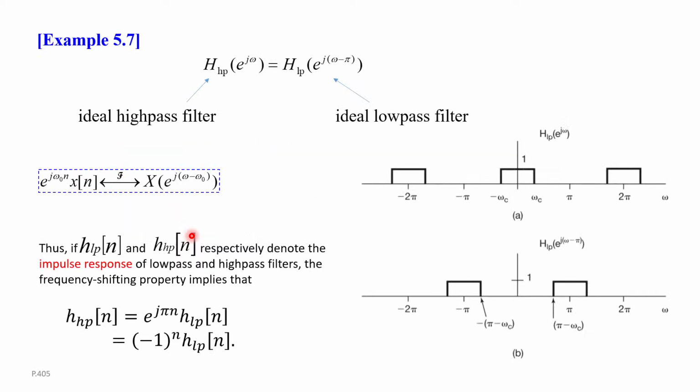Now let's talk about some kind of application. This is only true for the discrete time case. That is, you can very easily shift from a low pass filter to a high pass filter by doing some modulation.